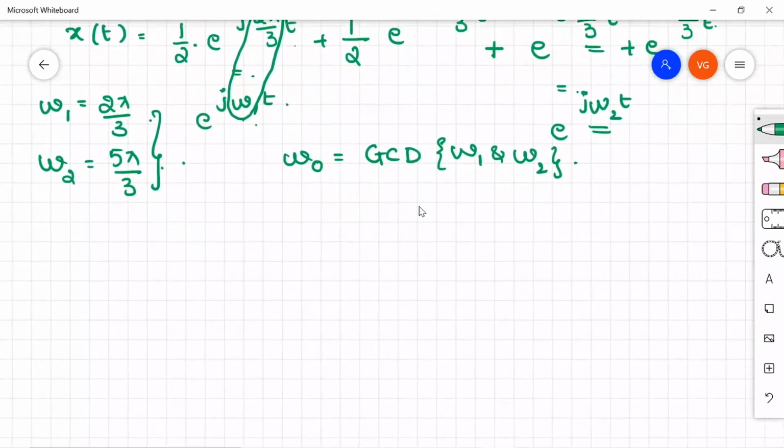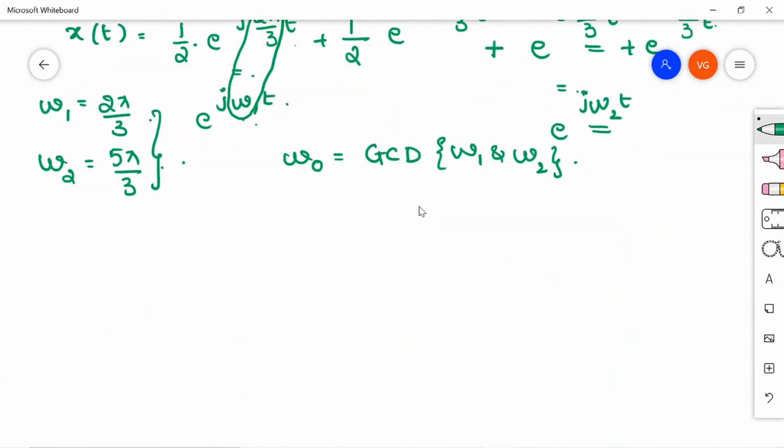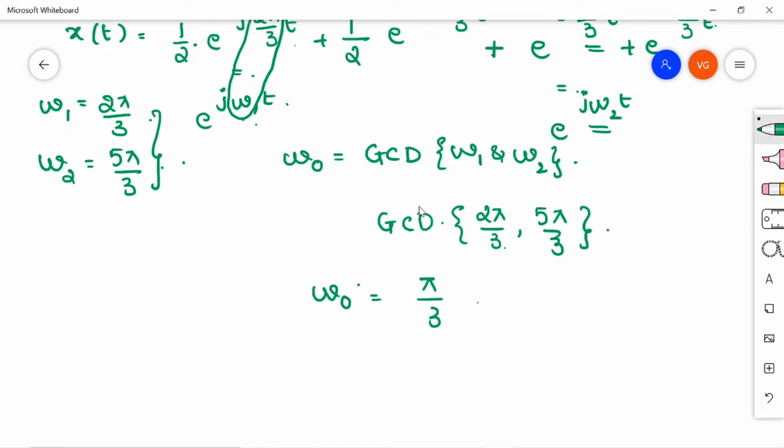So let us find out the GCD of 2 pi by 3 and 5 pi by 3, right? So that you will get it as pi by 3. So now this is nothing but your omega naught, right?